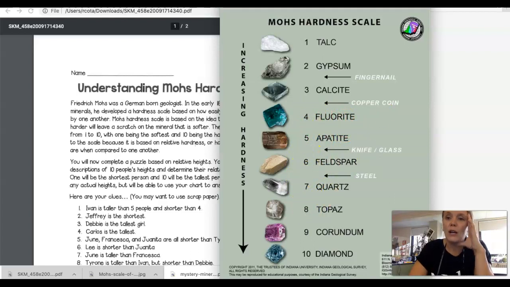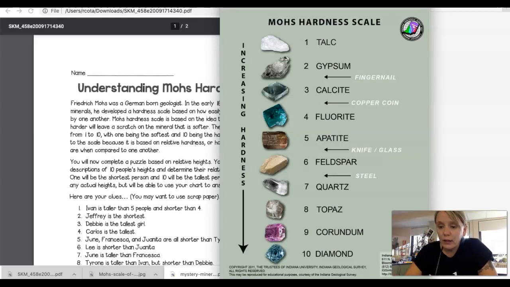I'm just going to walk you through how to do a hardness test on a mineral. You're just going to grab any mineral from your sample bucket. If you are doing distance learning, you could maybe look around your yard.